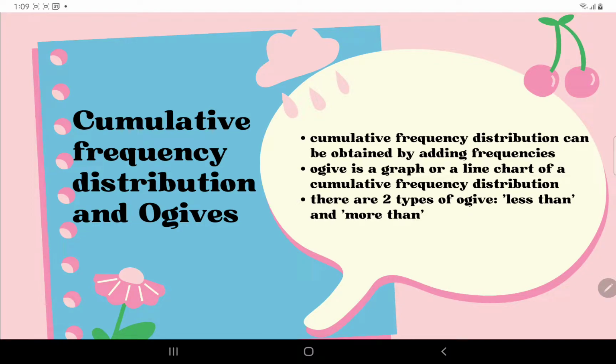The cumulative frequency distribution can be obtained by adding the frequencies. The OGIF is the graph or line chart of a cumulative frequency distribution. Same as the cumulative frequency, there are also two types of OGIF: less than OGIF and more than OGIF.